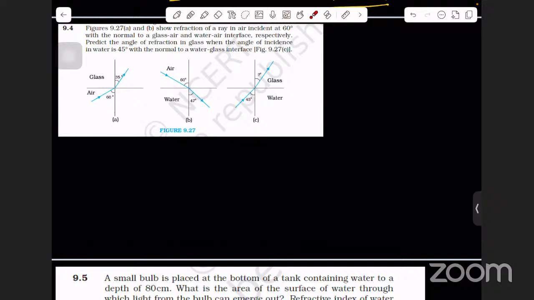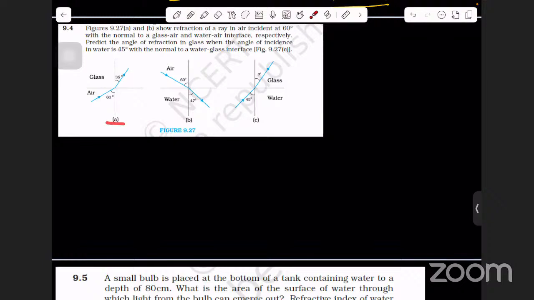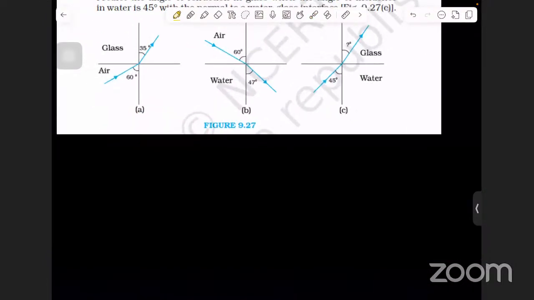So let's just start with what's given to us in figures A and B. Let's start with figure A. In figure A, this is the angle of incidence, I think that is invisible for you, and this is the angle of refraction.